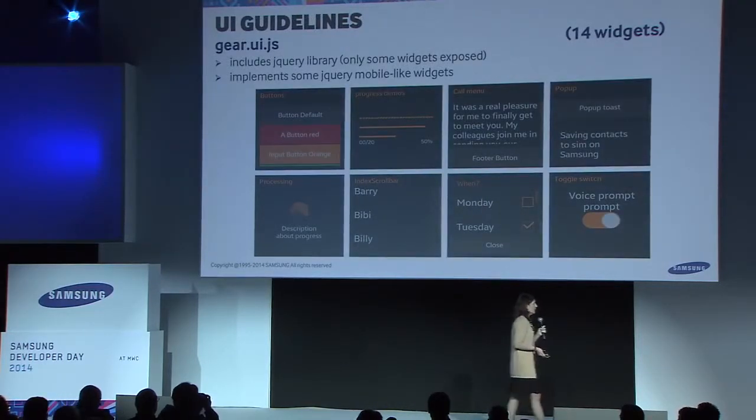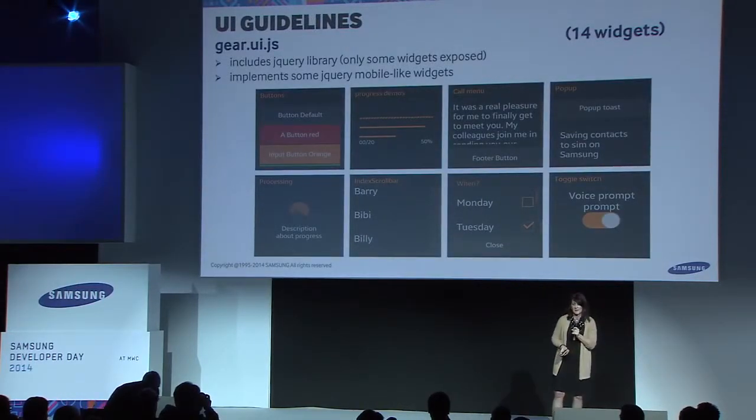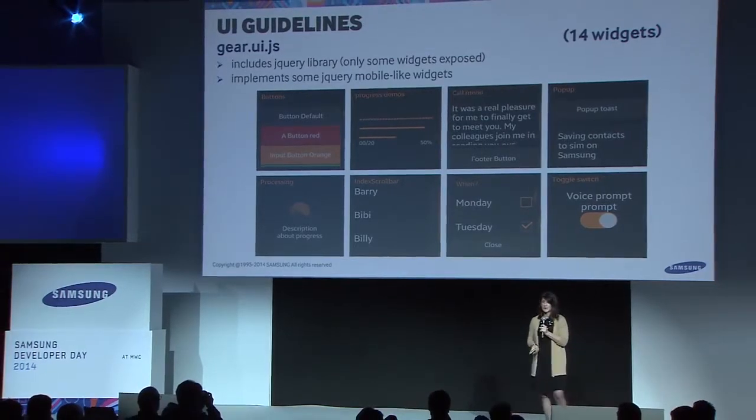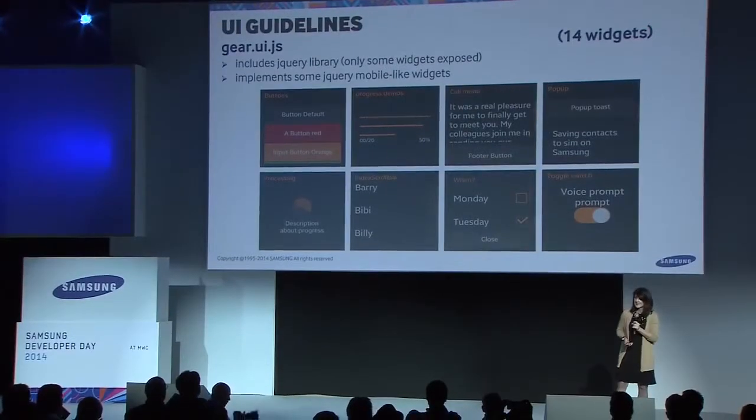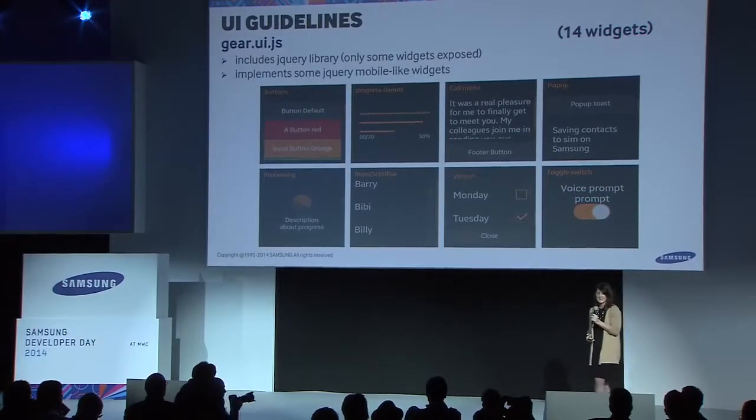So this is what the UI framework provides you, the gearui.js. It's about 14 widgets. It does include all of jQuery, but it only exposes a subset of those widgets. It also implements some jQuery-like mobile widgets, so you get a pretty consistent look and feel.